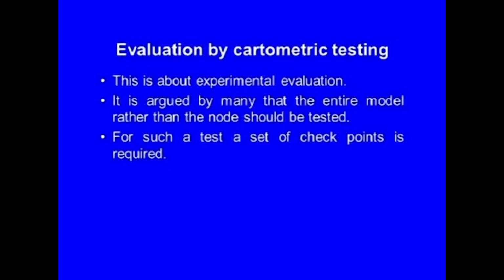Next is evaluation by cartometric testing. This is about experimental evaluation. It is argued by many that the entire model rather than the node should be tested. For such a test, a set of checkpoints is required.